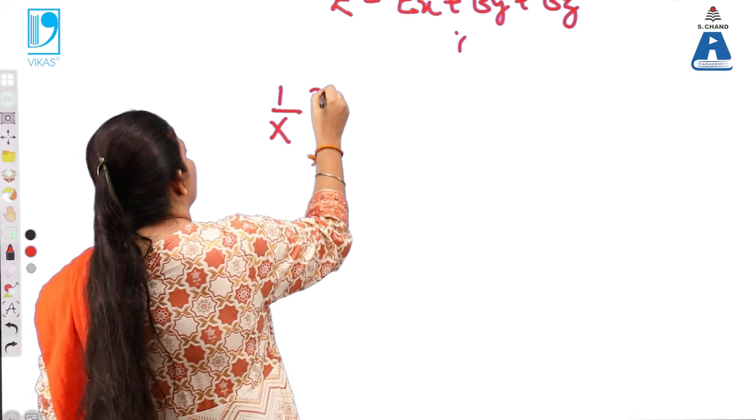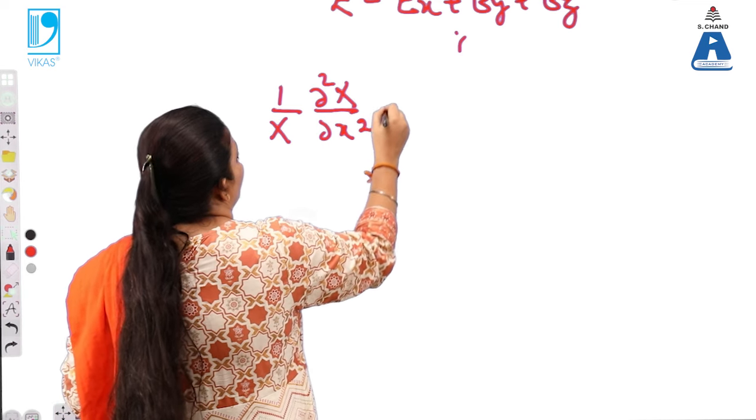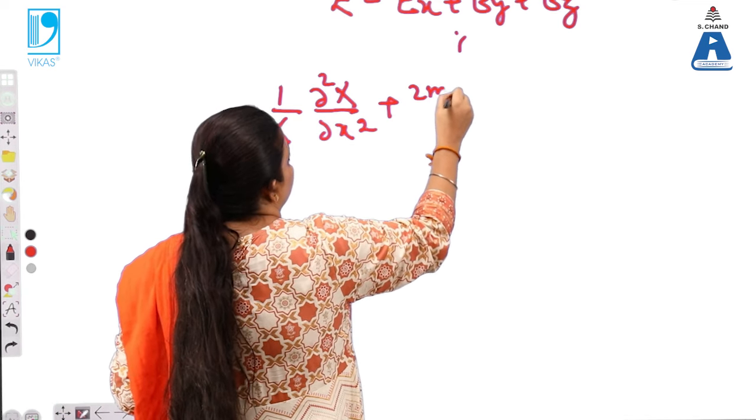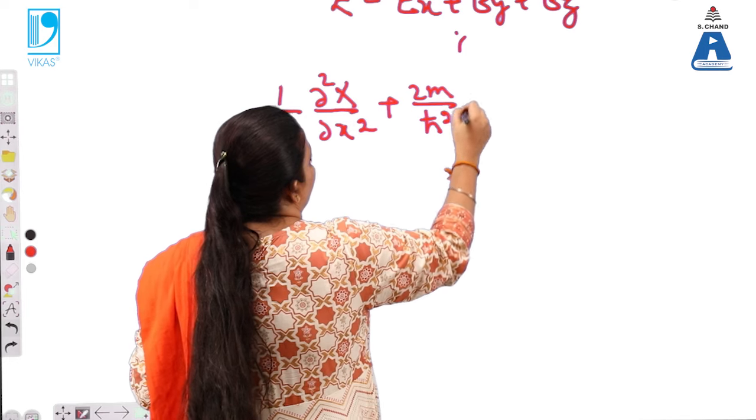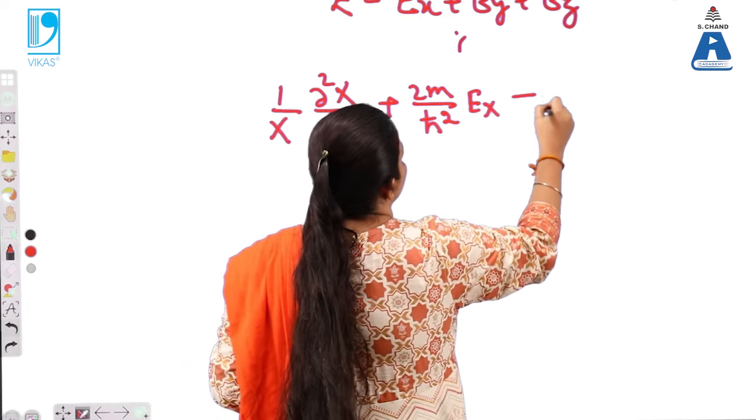one by x d square x by dx square plus 2m by h bar square into Ex, that is equals to 0.